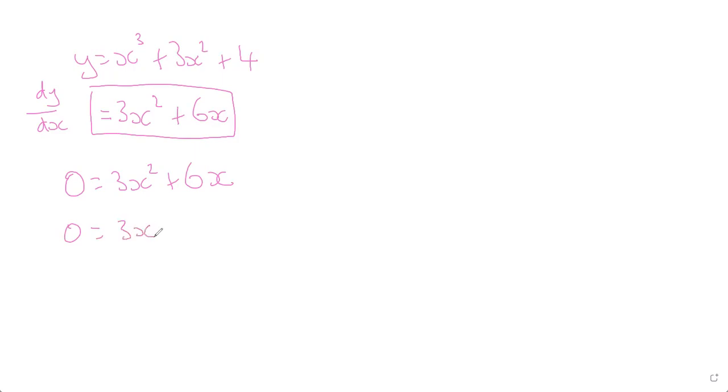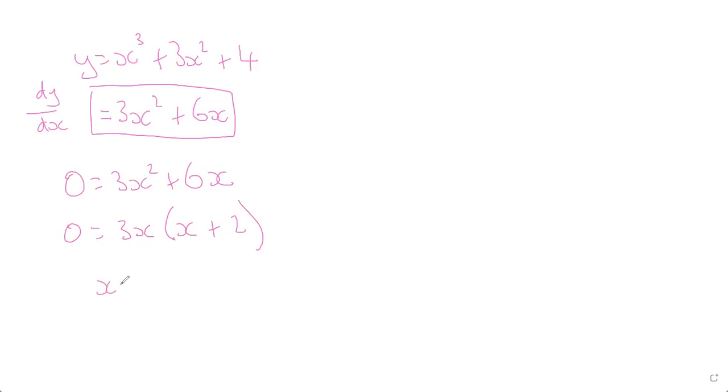Well, they both have a 3 and an x. So then if I divide 3x squared by 3x, I get x. Divide 6x by 3x, I get 2. All right, so if this was a true statement, one of these two things has to equal 0 because anything times 0 is 0. So what does this x have to be to make this true?